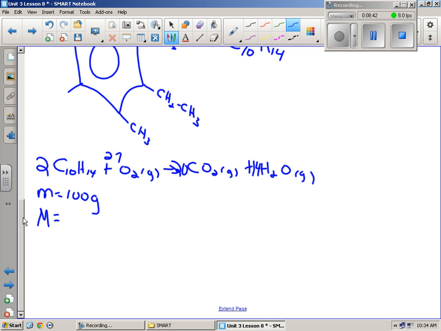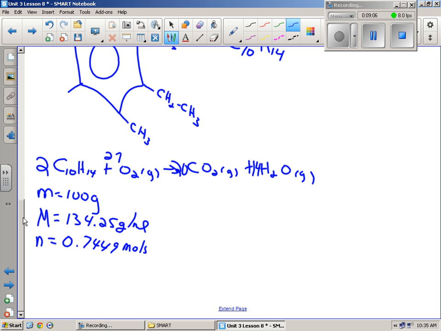It's 134.24 grams per mole for molar mass. And I could figure out n from that: 100 divided by that is 0.7449 moles of this C10H14 that I'm burning. Okay? So that's good.